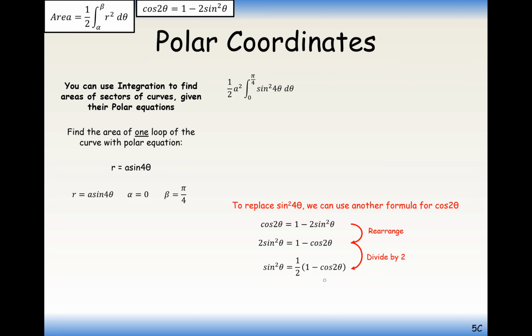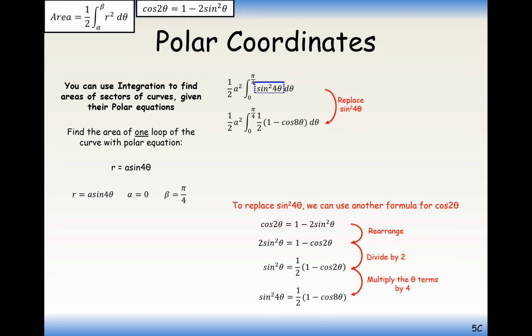So this is what you get once you've rearranged it, but now we don't want sine squared theta, we want sine squared 4 theta, so all of the angles in this identity are going to have to be multiplied by 4, and what you'll get there is a half bracket 1 minus cos 8 theta. So this will be what we're going to integrate instead. It's equivalent, but easier to integrate.